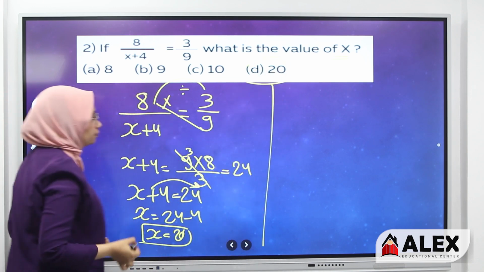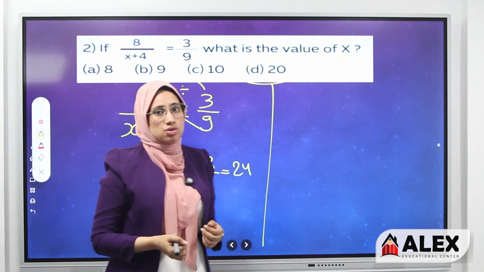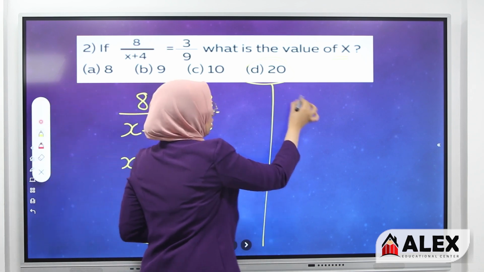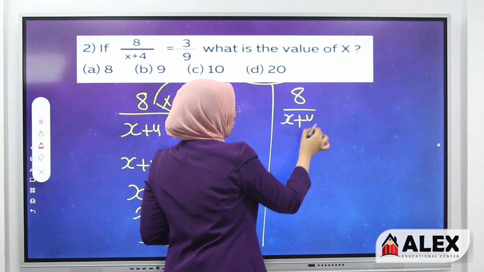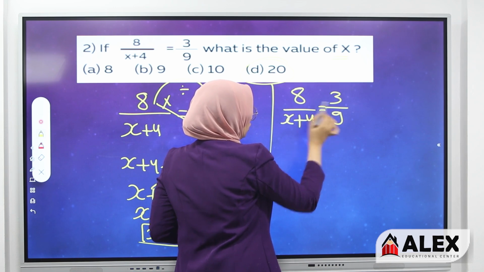Another solution. We said the means equal the extremes. That's why we write 8 over x plus 4, 3 over 9.